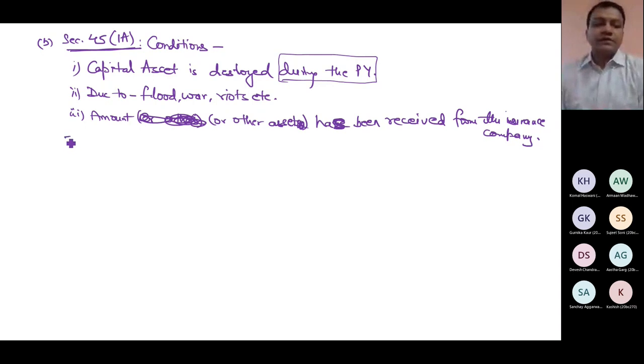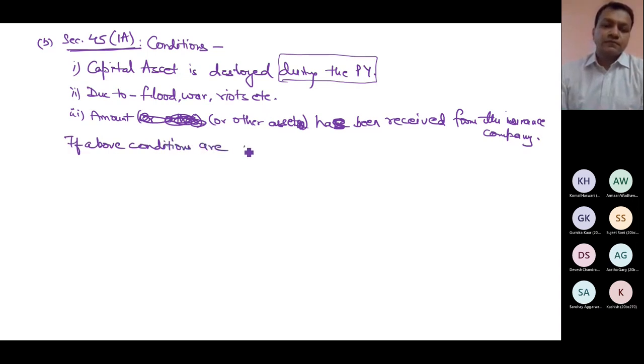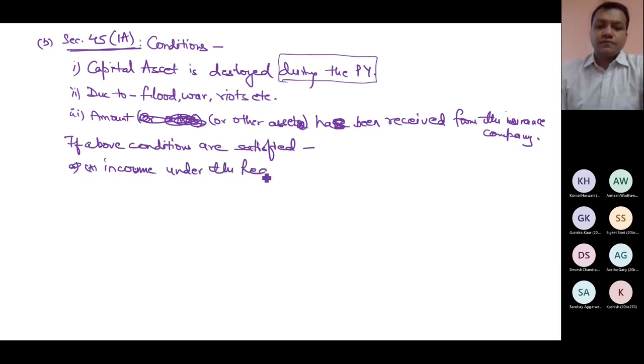If the above conditions are satisfied, then what happens? Income is to be computed under the head capital gains. And what?